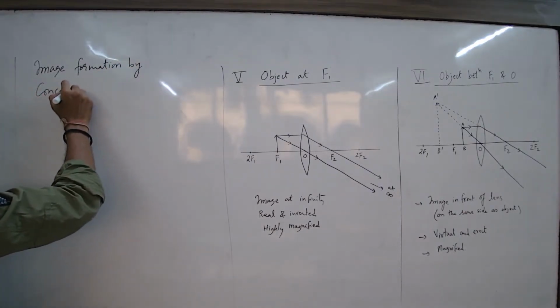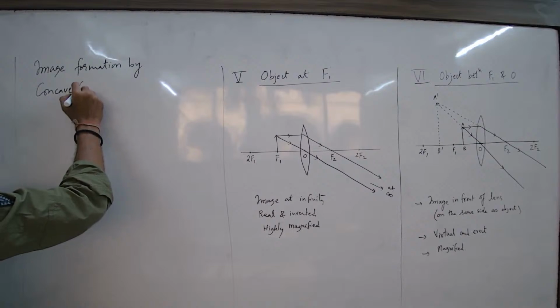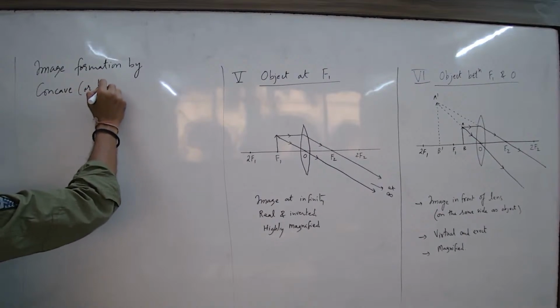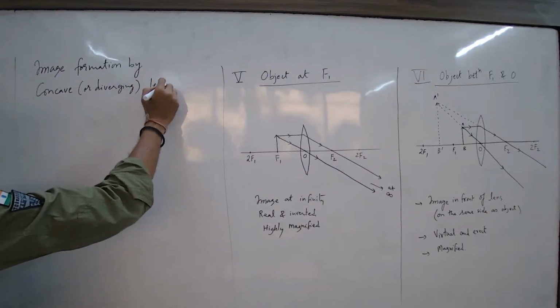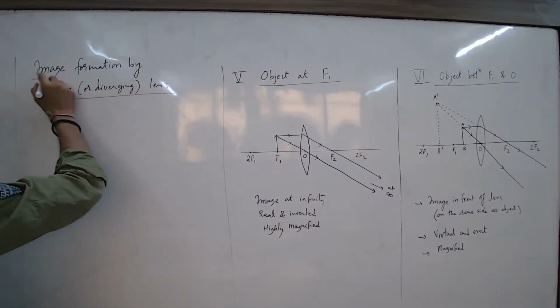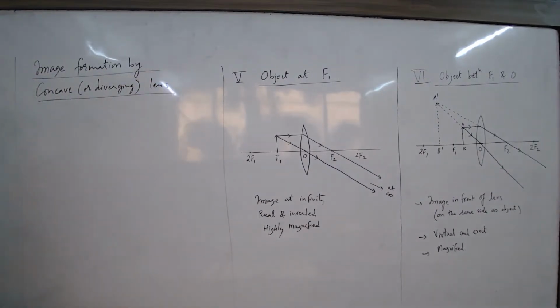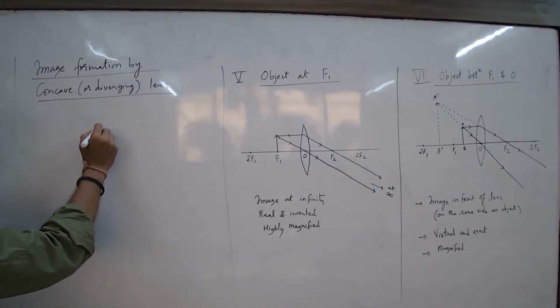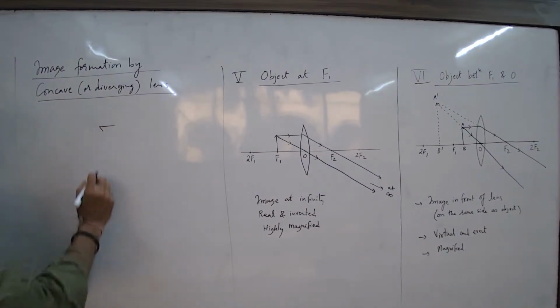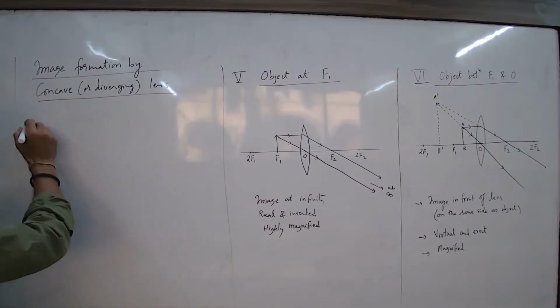Concave, or it is also called diverging lens. Now the concave lens has two curvatures, just like the convex lens.